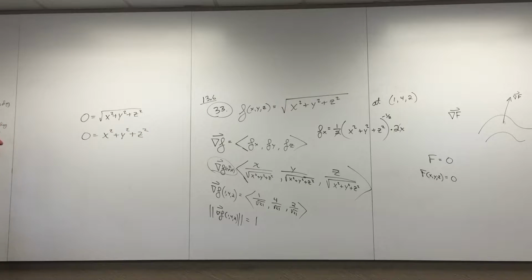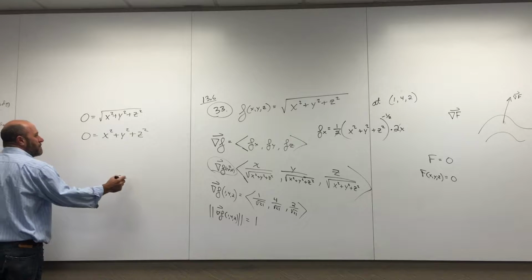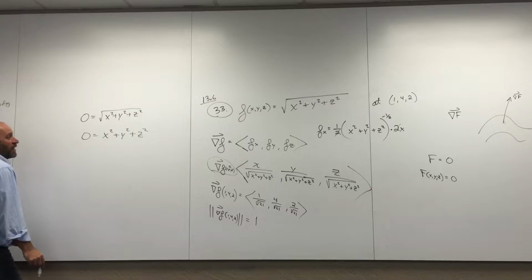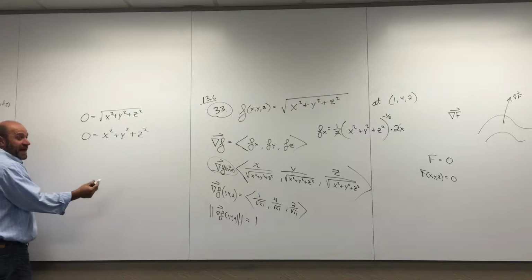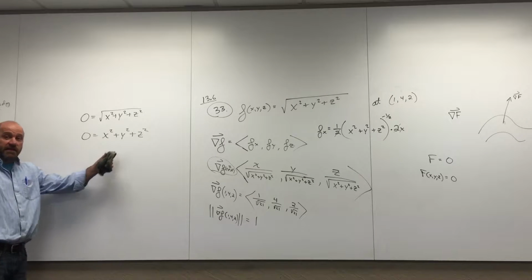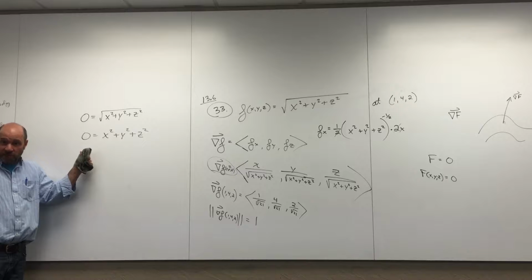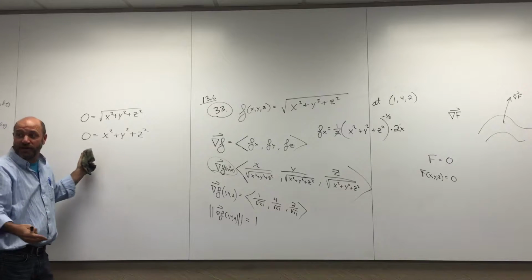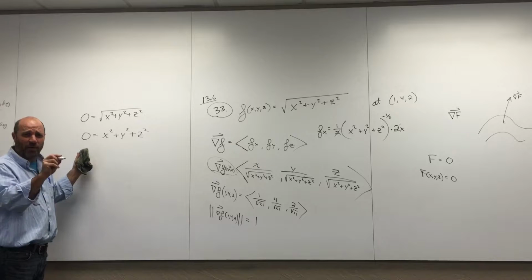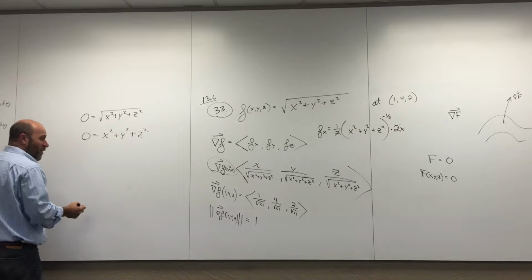Somebody said point. You know, it does make me think. Somebody said sphere, but it's not a sphere unless you want to say it's a sphere of radius 0, which coincides with calling it a point. A sphere of radius 0 sort of is a point. Is that all this is, a point?